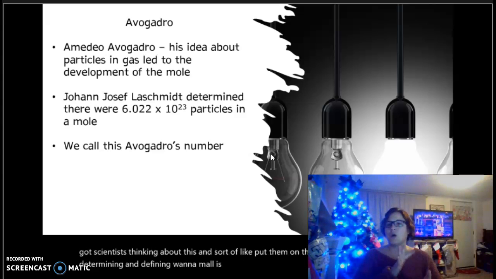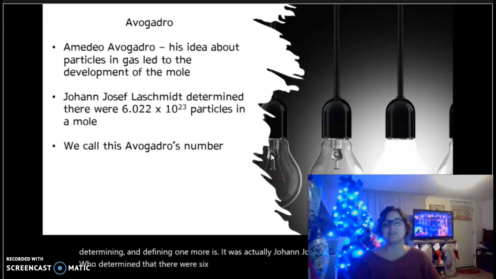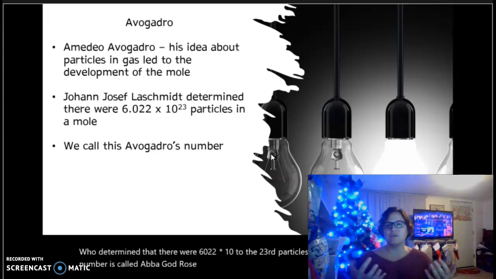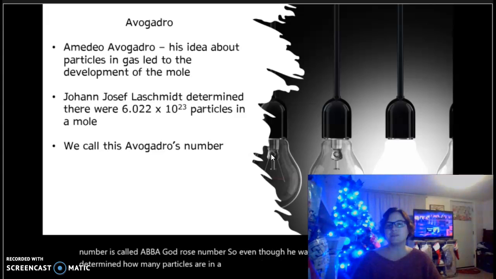It was actually Johann Joseph Loschmidt who determined that there were 6.022 times 10 to the 23rd particles in a mole. However, that number is called Avogadro's number. So even though he wasn't the one that actually determined how many particles were in a mole, the number is still named after him.